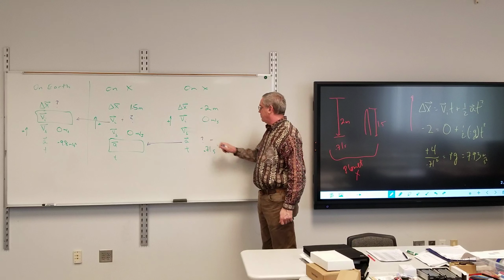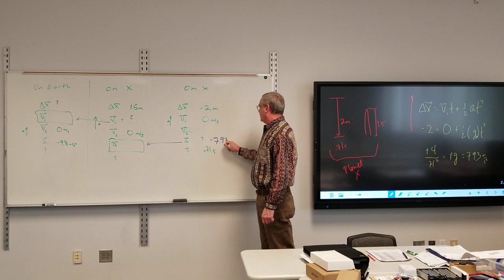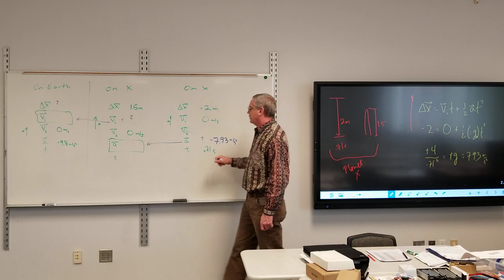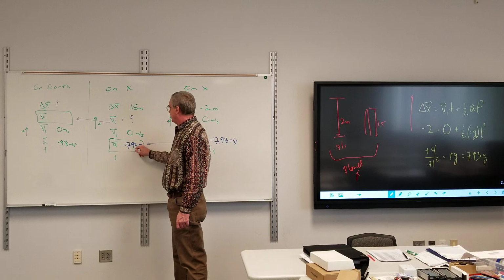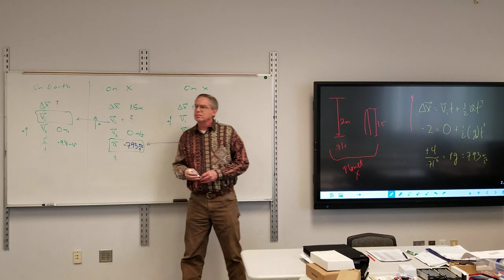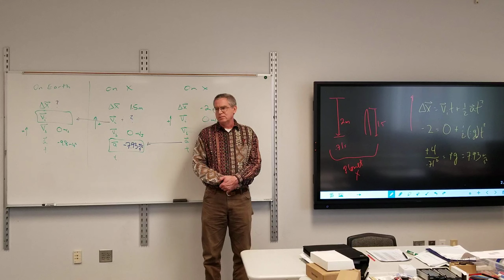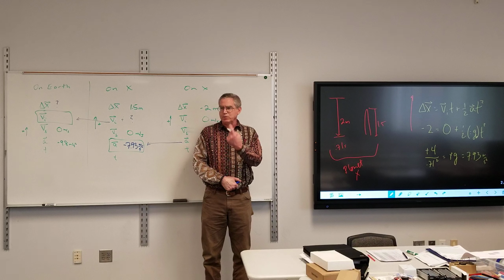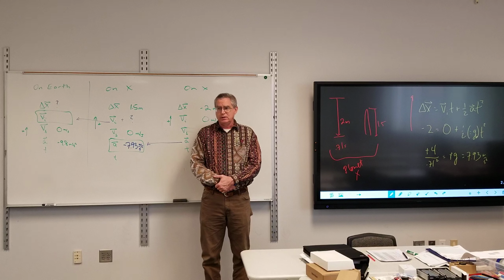So the acceleration is negative 7.93. It's negative for this one because it's technically slowing down as it gets to 0. We said up was positive, so the velocity was positive and slowed down, so acceleration should be negative.